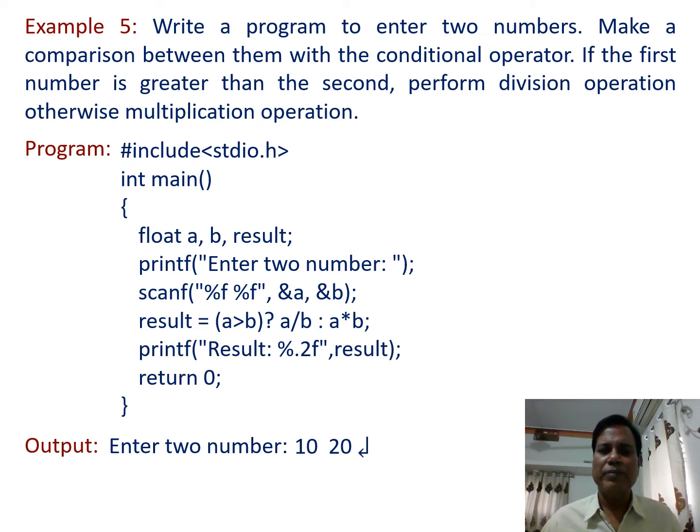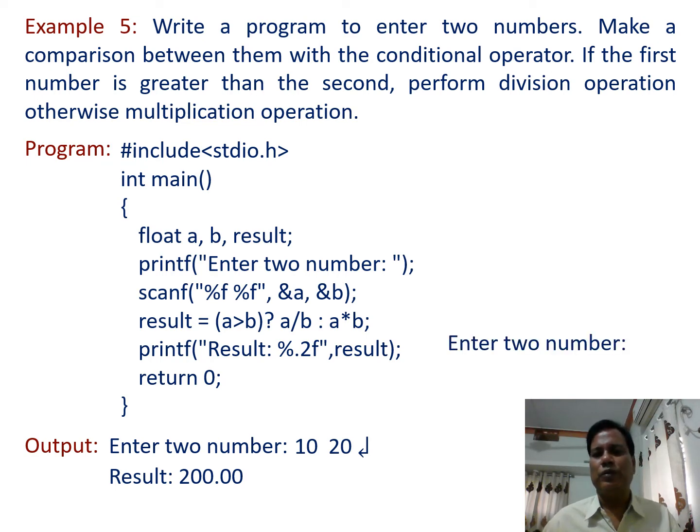Then using the printf statement, "Result:", the value of result is printed in place of the format specifier. So we get the output as "Result: 200.00".